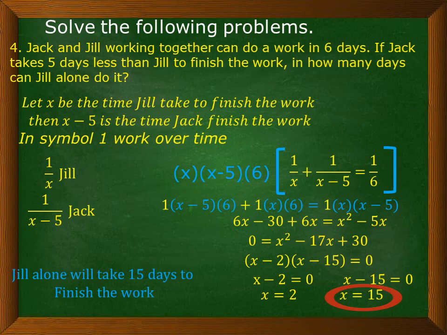Then transfer negative 2 and it becomes x equals positive 2. And transfer negative 15, it becomes x is equal to 15. Okay, therefore, x is equal to 15 is the only answer because x here is 2 days, and Jack's time is less than Jill's by 5 days, so it becomes negative.